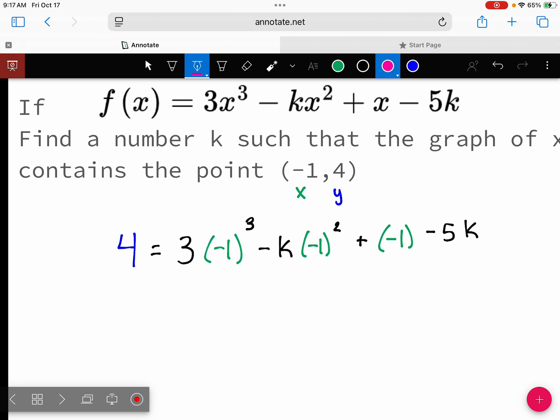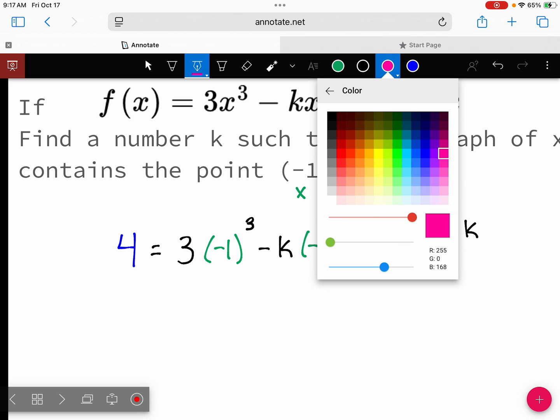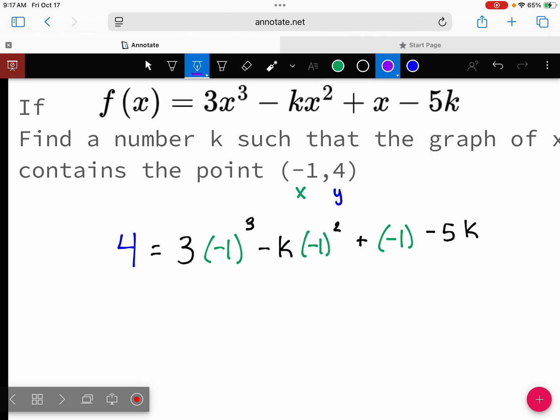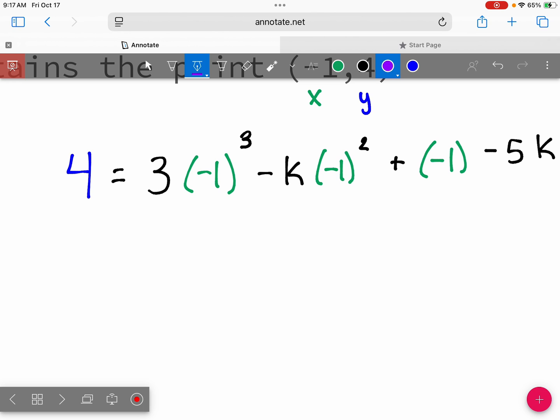Let's see if we can simplify this thing. What can we do that simplifies it? So we'll have our -3, because -1 cubed is going to be -1, and 3 times -1 gives us a -3. What do we have on this term? It's 1. So it's going to stay as a -k.